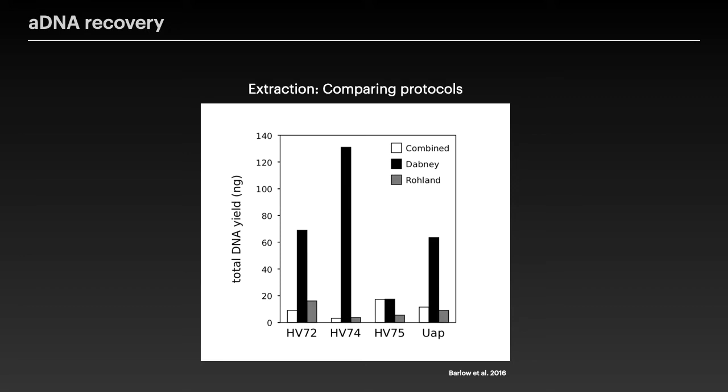So in general, the Dabney method seems to be more fitted for applications where shorter fragments are expected. You could say that it would be more suitable for specimen samples outside of the optimal preservation sites, where you would expect the degradation of DNA to be greater. And this is exactly why it was designed, actually.